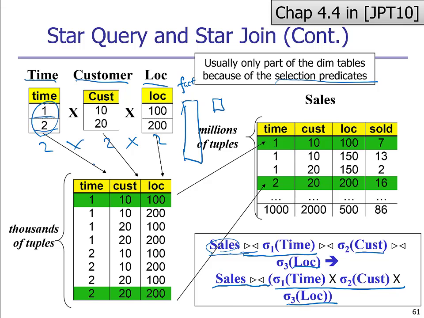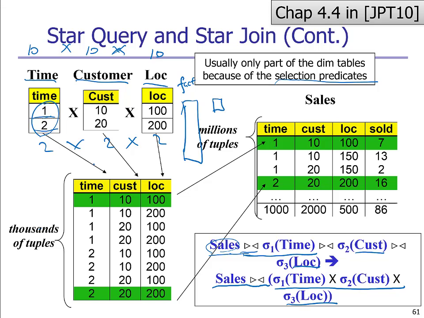Say at most, after we do the cross join, we would have thousands of tuples. But you can imagine, before the cross join, we may have, say, tens of tuples on each table, and because of the cross join, we would do the multiplication between all these numbers of tuples. So we will have thousands of them.